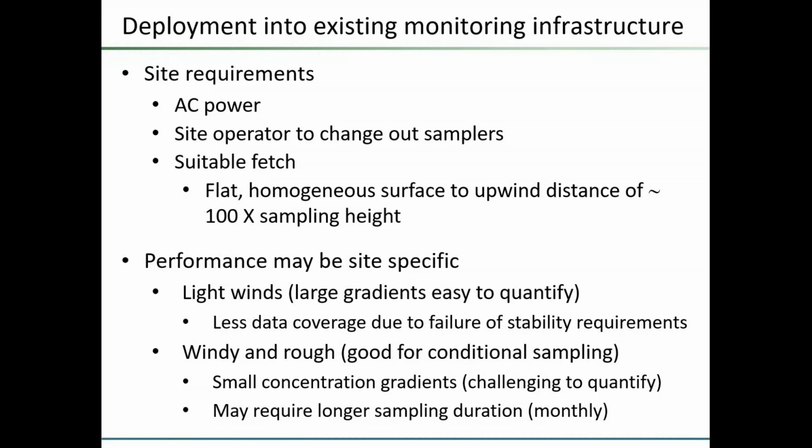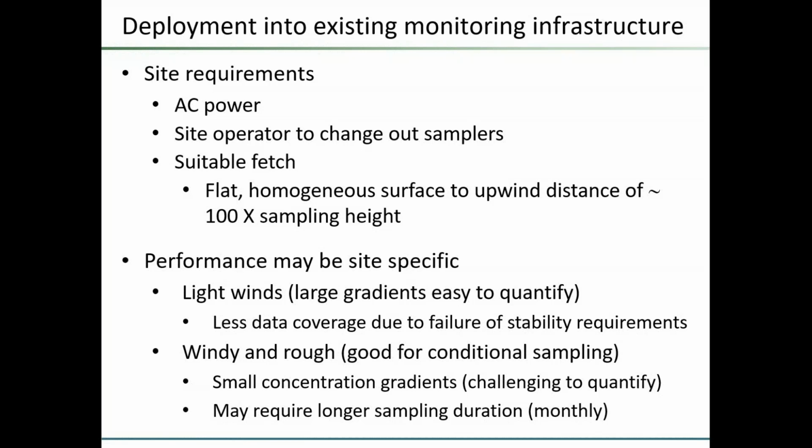For example, at sites where the winds are fairly light, like some of our sites here in North Carolina, particularly during the summer, we'll have large concentration gradients above the surface that are easy to quantify, but less data coverage due to failure of the stability requirements for nighttime conditions, for example. At sites like our Idaho site that are much windier and rougher, we're satisfying the neutral stability condition more of the time, so it's a good site for conditional sampling.